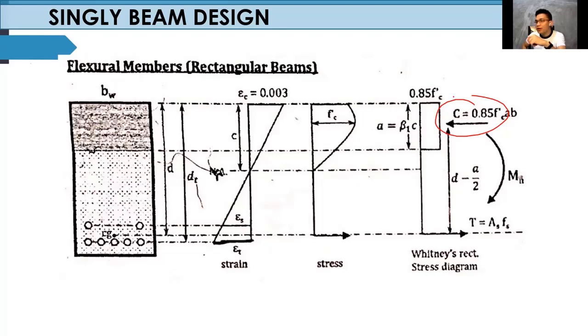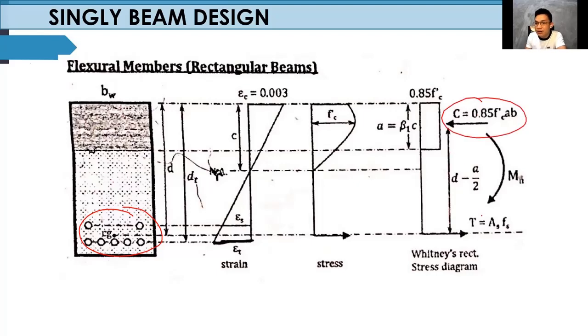Diba? Sabi ko kanina, wala tayong compression, wala tayong stress sa baba. So, how can we counter this one? Diba? So, ang ginawa ng ating mga engineers is nilalagyan nila ng bakal sa ibaba in order for us to have a force sa baba to equal the force na nasa itaas.